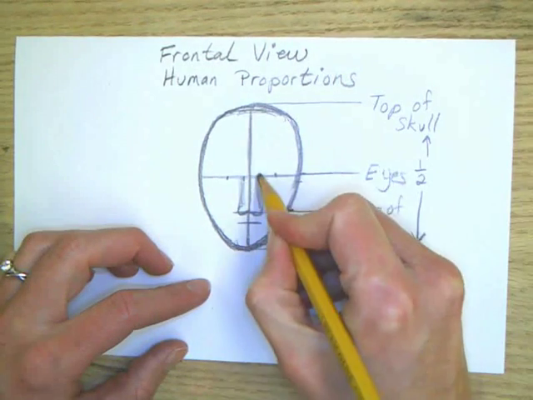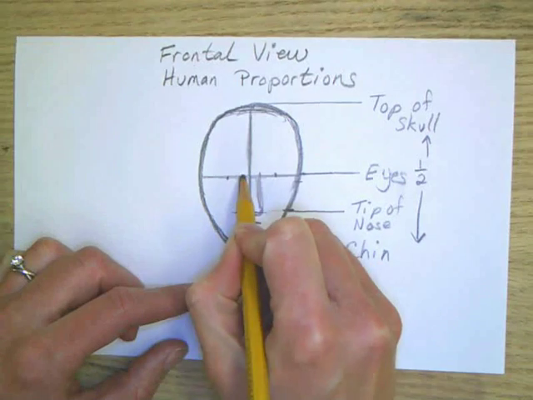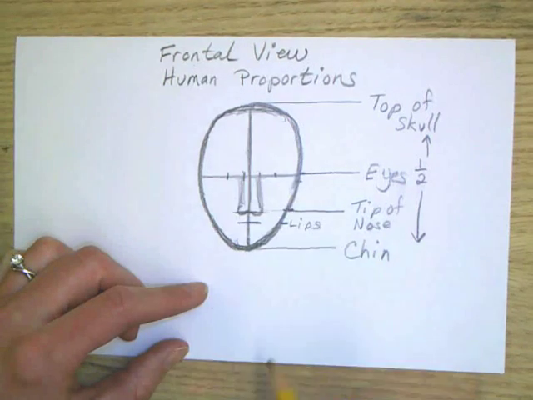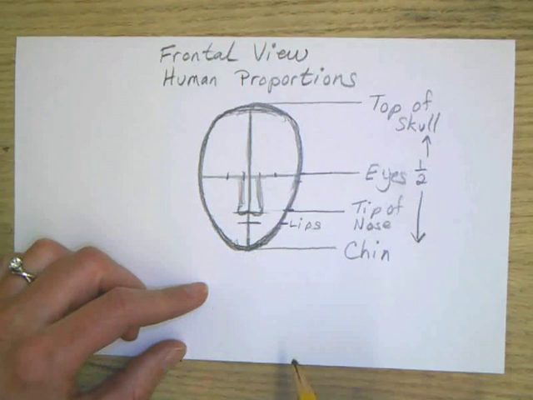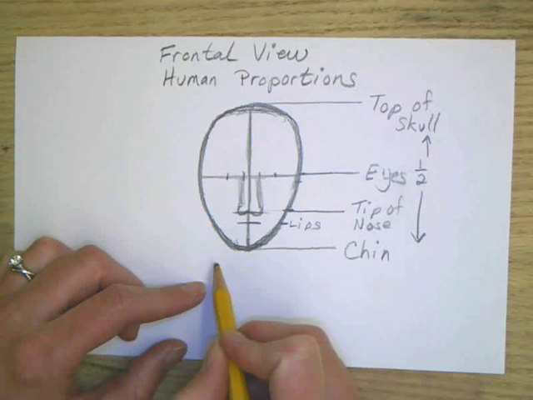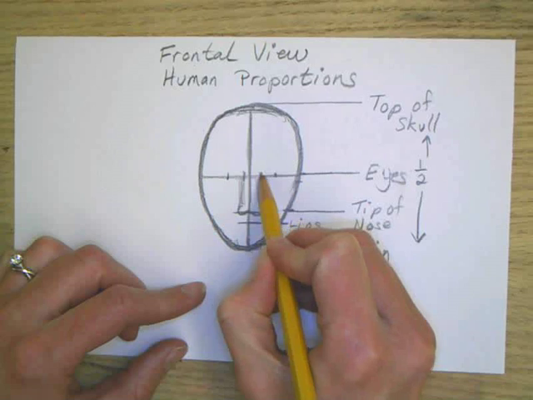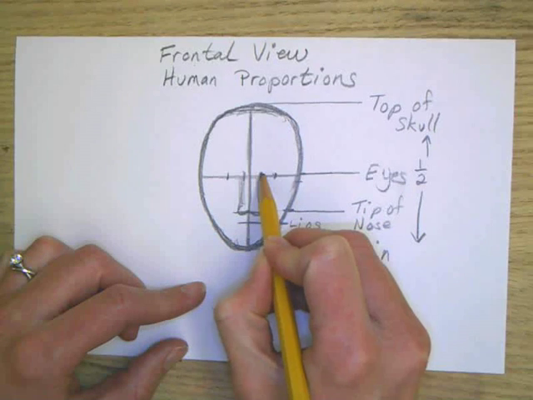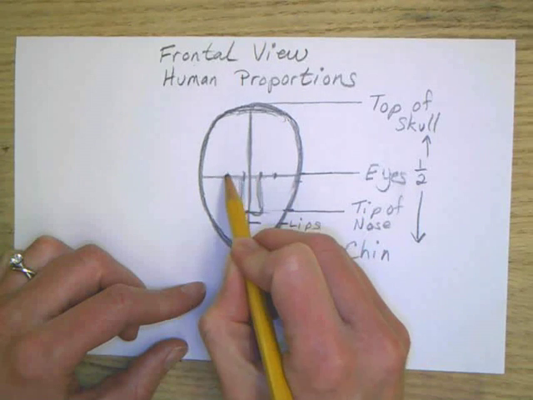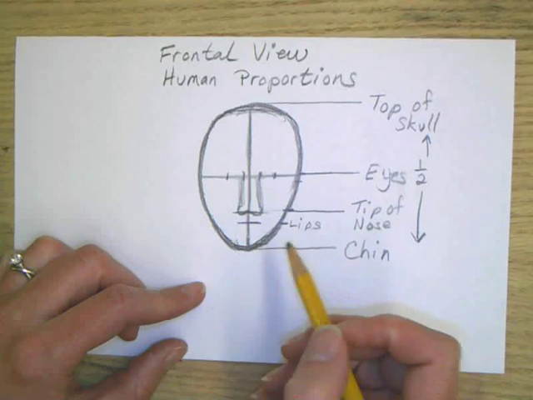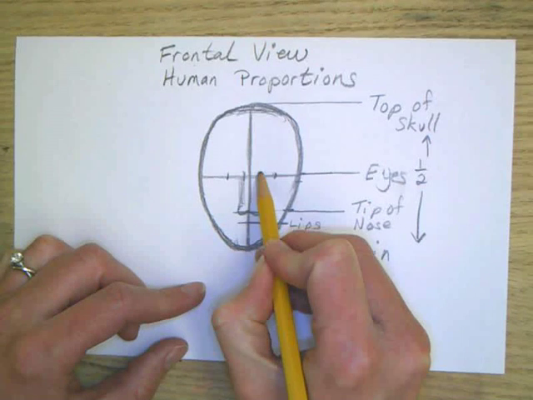So these are all the same. The eyes, the distance between the nose, and the other eye. They're all equal. These are all equal. Equal sizes. 1, 2, 3 pieces equal to each other.